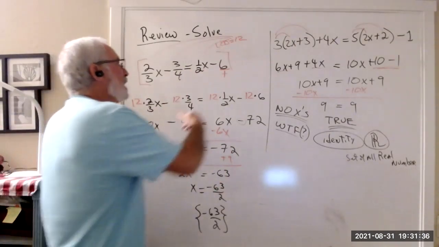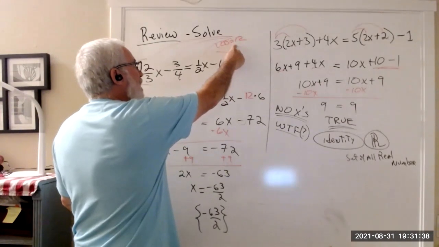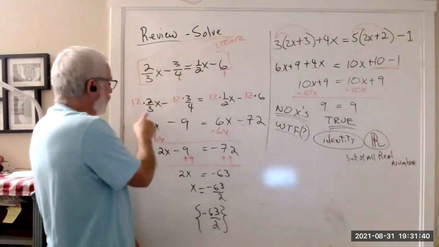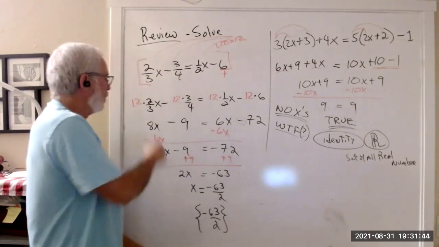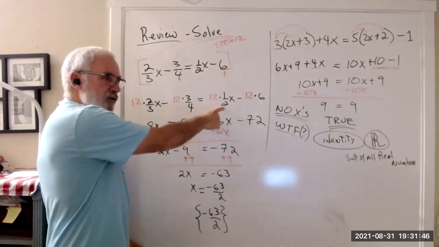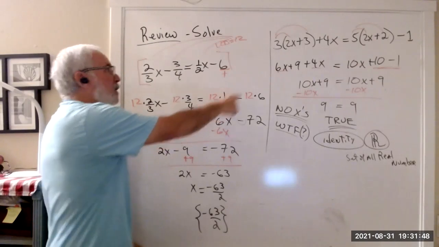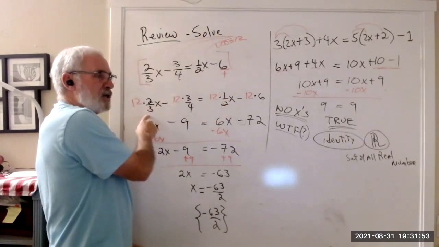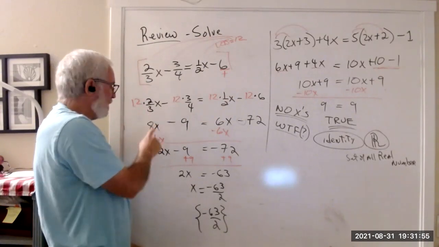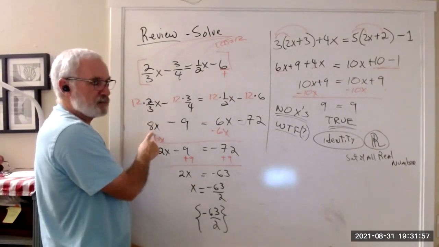But the key here is the LCD is going to cancel each denominator out. Nothing else will cancel those denominators. So when you distribute the LCD here, the denominator will eventually be canceled out and it will become a nice pretty number.